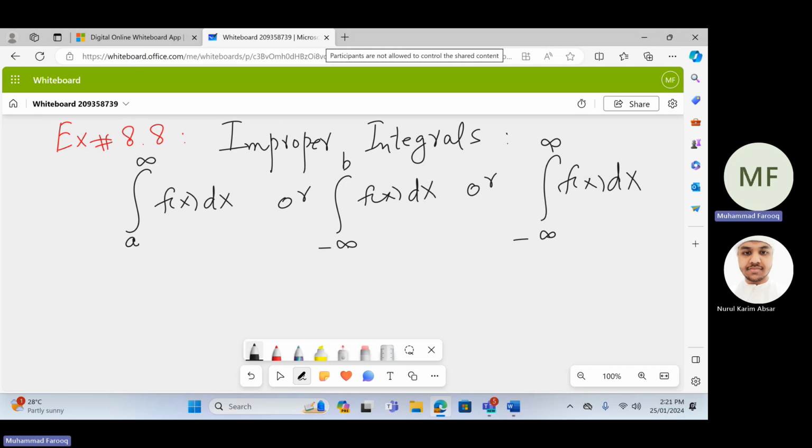And then it is also possible that both of them are infinities. What is the interesting thing here? The lower limit is negative infinity. Once a limit is infinity, it doesn't mean that the answer to the integral is infinity. Even in this case, where the upper and lower limits are infinite, our answer can be finite.